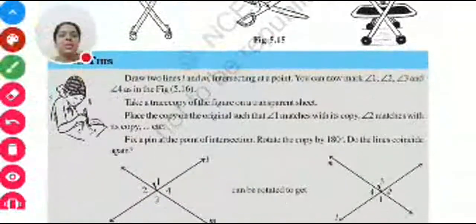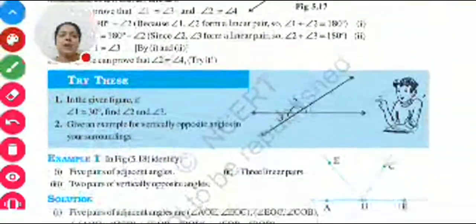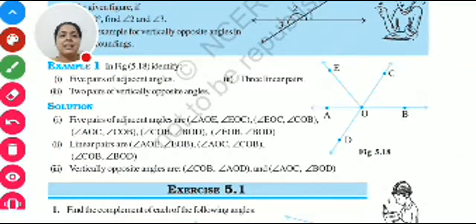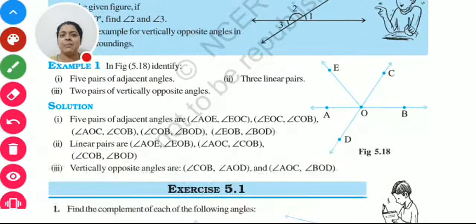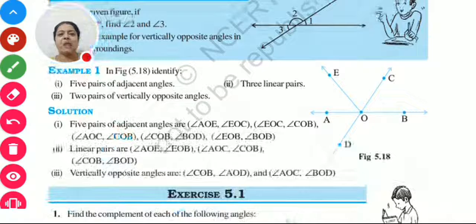Coming to the question, exercise 5.1. What is special in exercise 5.1? You have to form 5 pairs of adjacent angles. What does adjacent angle mean? It should have a common vertex and a common arm.